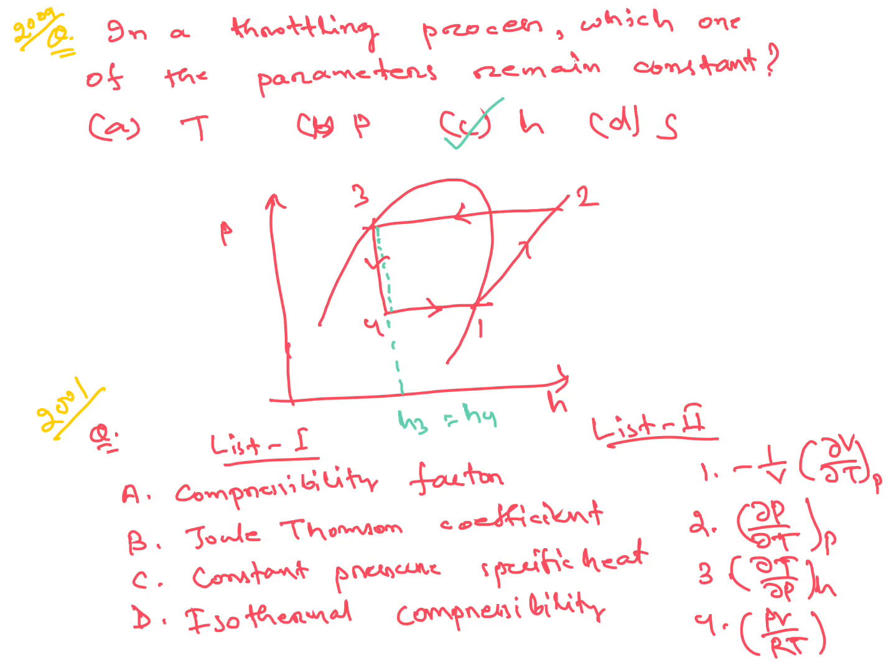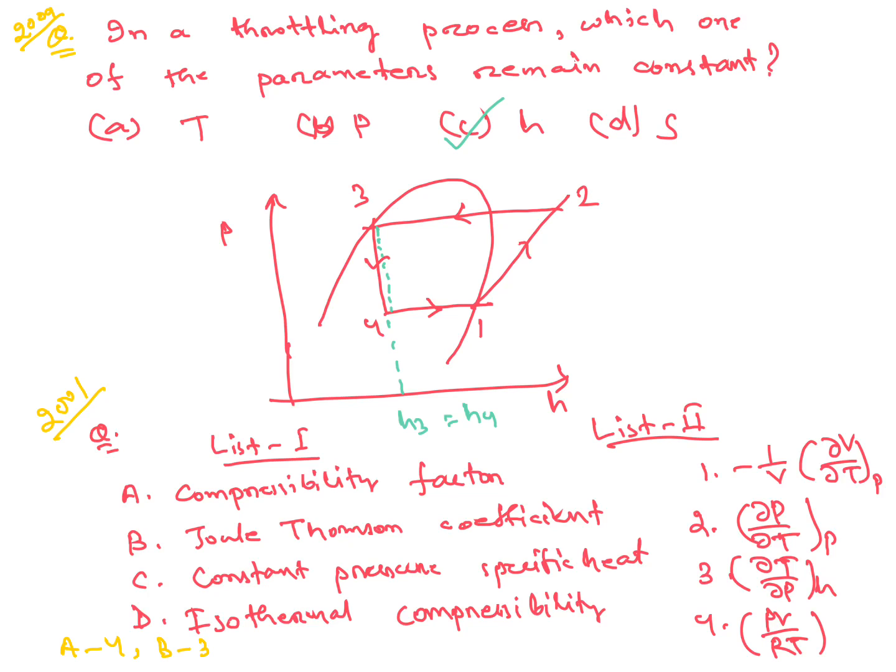So compressibility factor, A is 4, it's Z. B, Joule-Thomson coefficient, it's 3, dT by dP, we know that graph, temperature versus pressure graph at constant enthalpy. So B is 3.